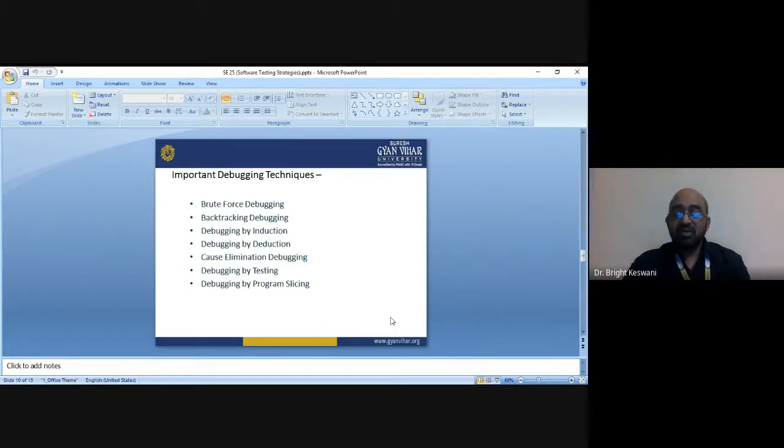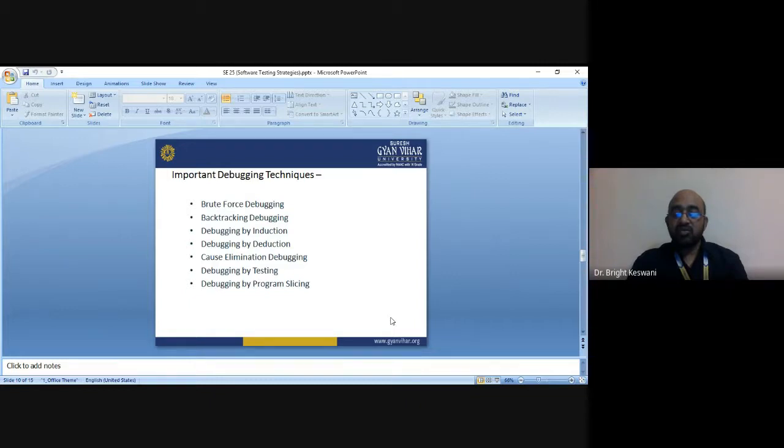Brute force debugging is applied when other methods fail. Brute force debugging is debugging with a storage dump. Brute force debugging is the most common debugging technique, but also the least efficient one. In this technique, the program is loaded with print statements to print the intermediate values, with the hope that some of the printed values will help to identify the statement with the error.